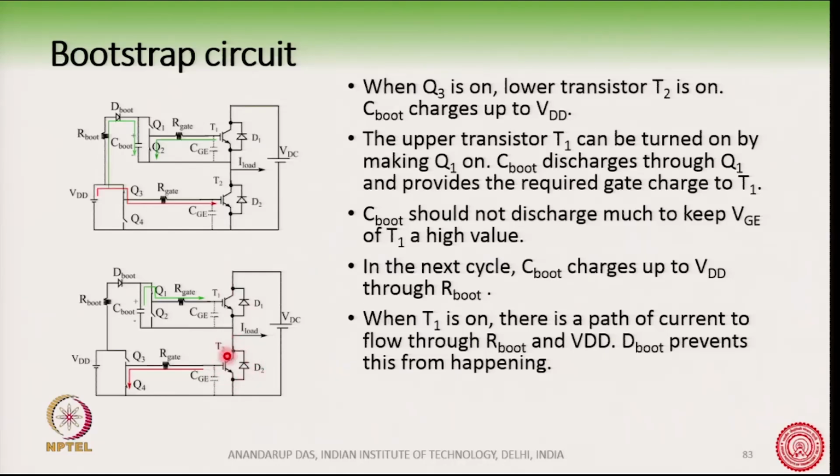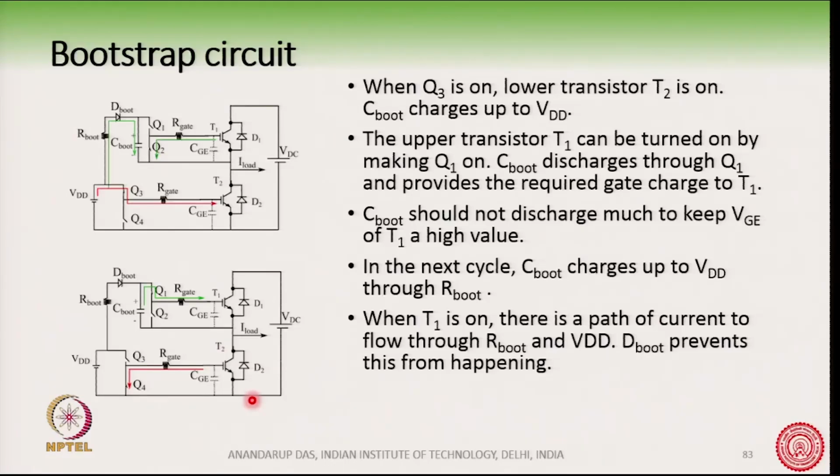How can I turn off T2? I will turn on Q4, so it can be discharged like this here. So, the lower IGBT operation is pretty simple. With Q3 and Q4 you can charge up and discharge this lower IGBT.